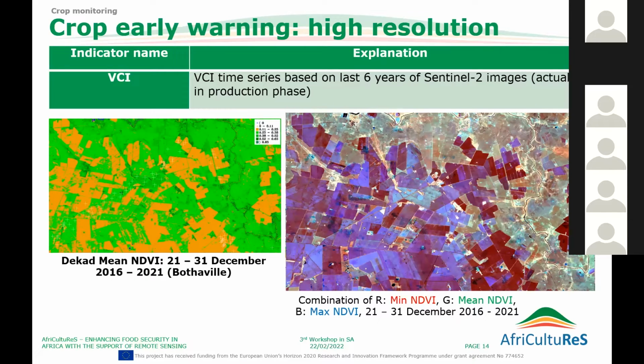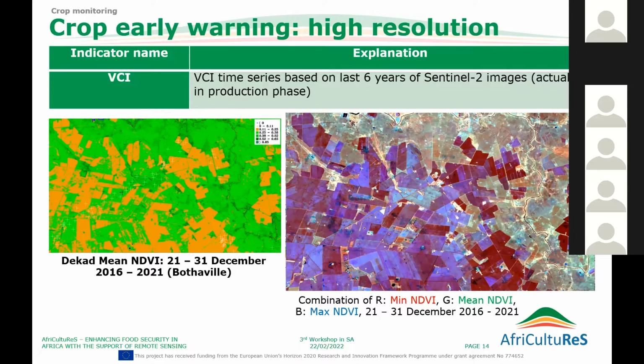Okay, then this is the case of the high resolution. Of course, you see this is an example of, on the left side, the mean NDVI value, the average on 6 years of Sentinel-2 images, still for the Bothaville case, in 1 decade from the 21st to the 1st of December.